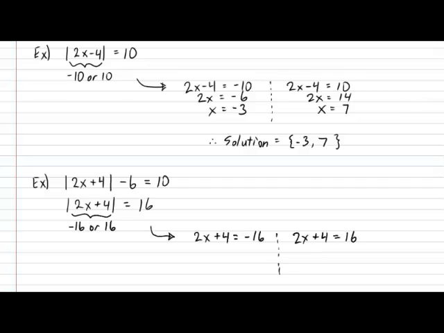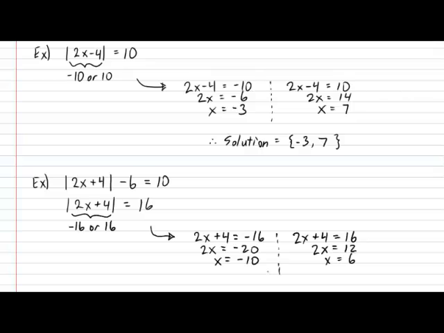And now just solve for x. So on the left side we have 2x is equal to negative 20. Therefore x could equal negative 10. And on the right side we have 2x could equal 12. Therefore x could equal 6.